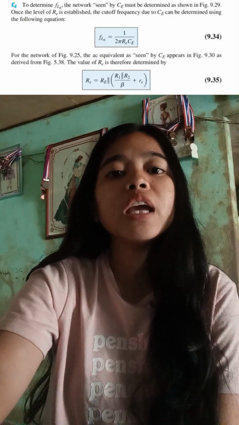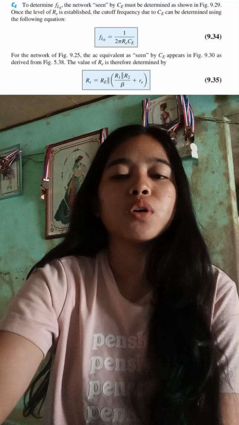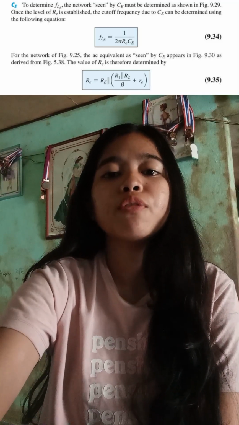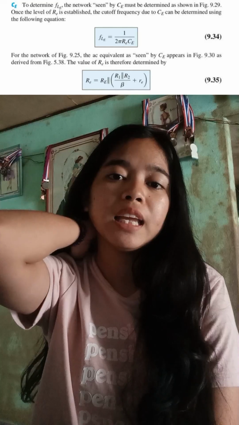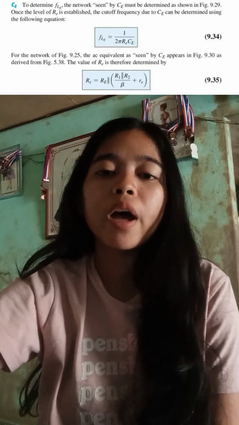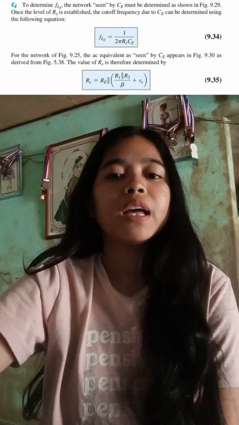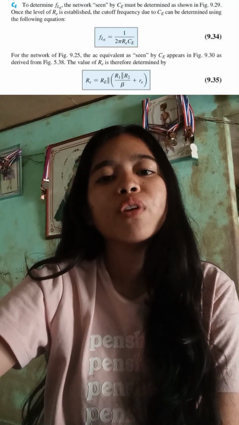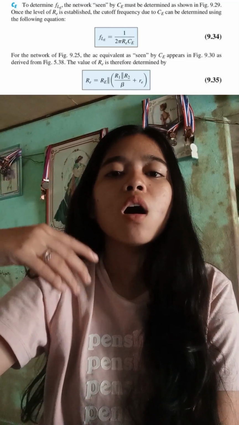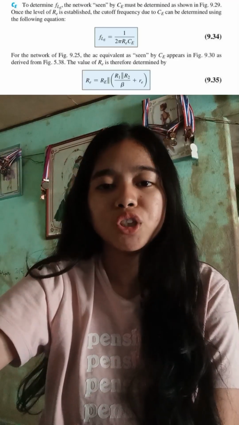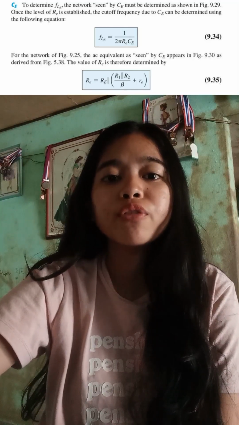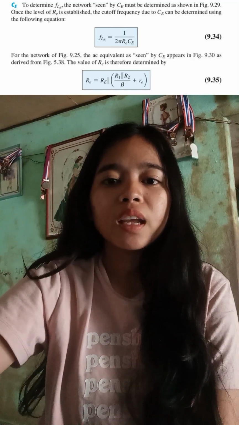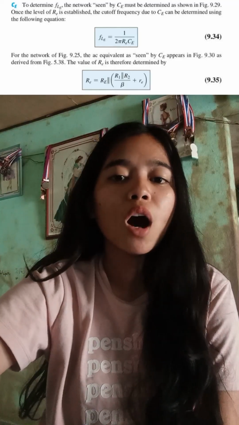Next we have the emitter bypass capacitor, C sub E. The formula is the same as the first formula, but with different values. So we have F sub LE equals 1 over 2 pi times R sub E times C sub E. This is often the trickiest of the formulas mentioned, because the resistance R sub E there is the combination of the emitter resistance in parallel with whatever is looking back up into the emitter terminal.